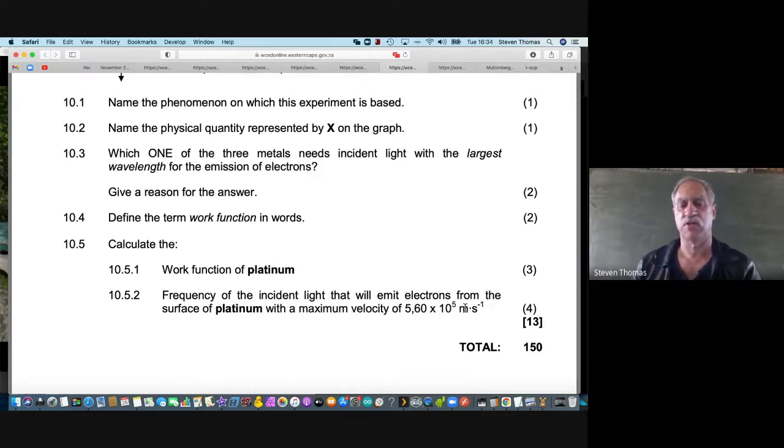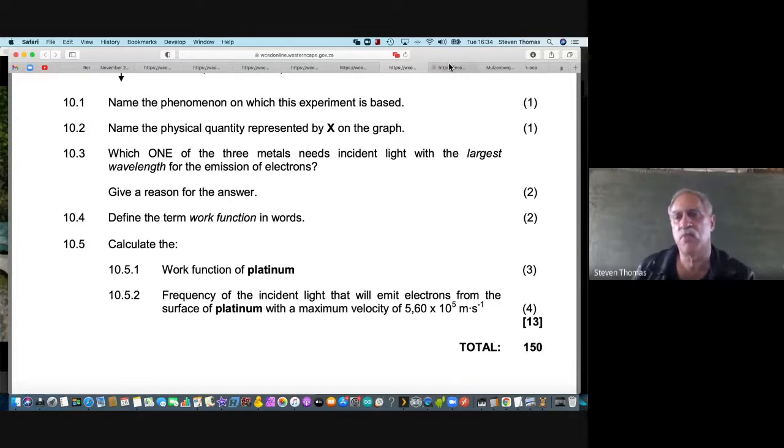So we take this velocity, we square it, we multiply it by half and m, which is the mass of the electron, and then we've got the energy which this electron will have. To that we add the work function, and that gives us the total energy that is required, and then we turn that energy into a frequency using energy equals hf.